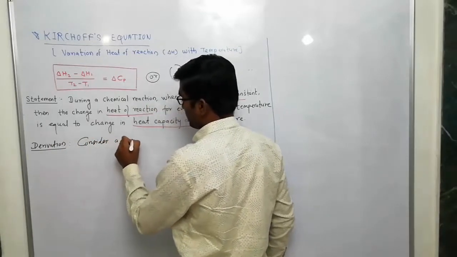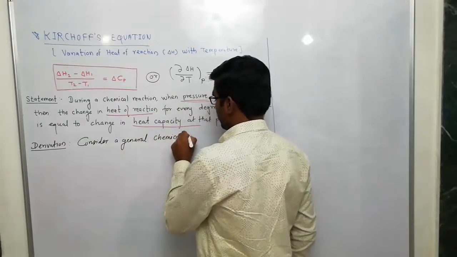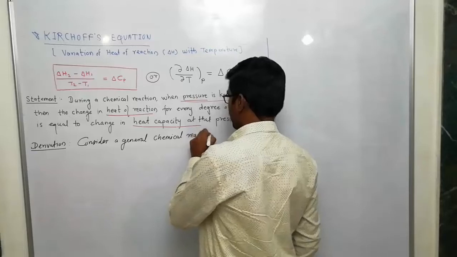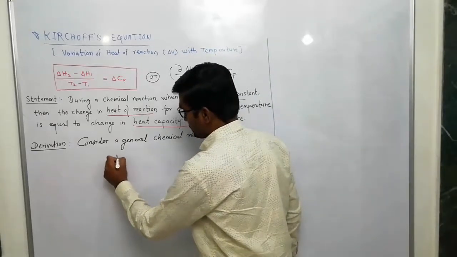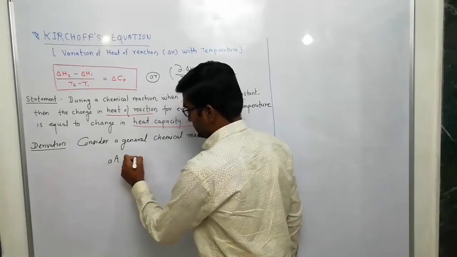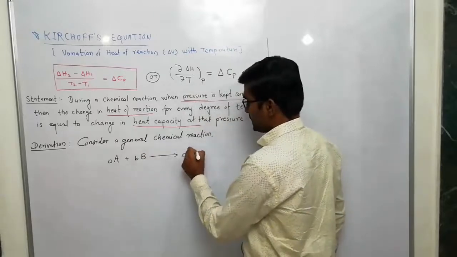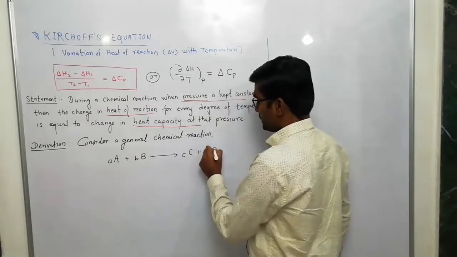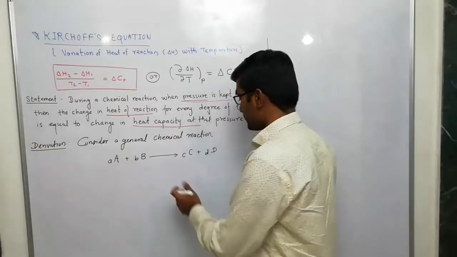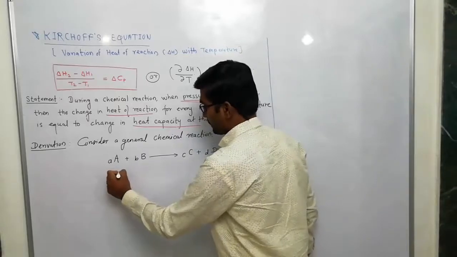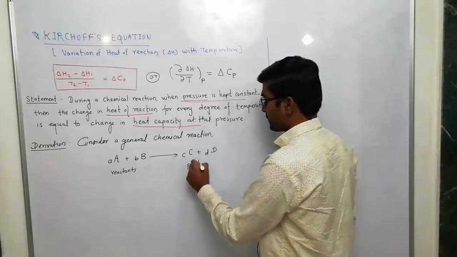I will write the general chemical reaction: small a times A plus small b times capital B gives rise to small c times C plus small d times capital D. The left side represents the reactants and the right side represents the products.